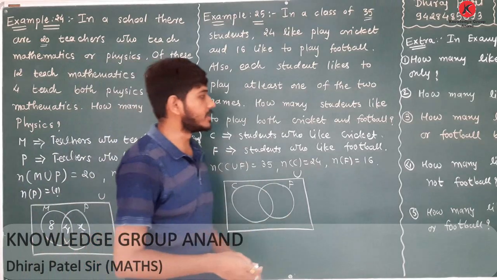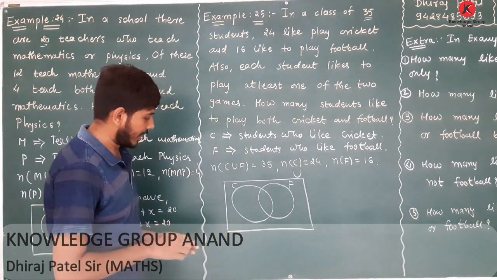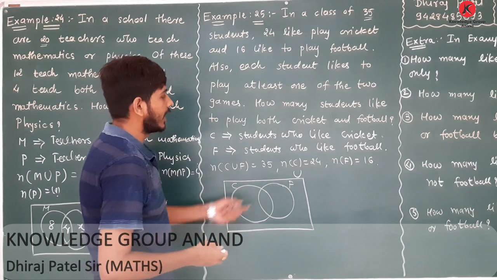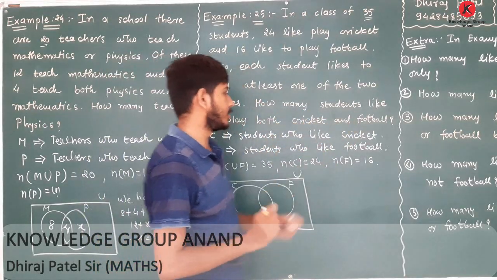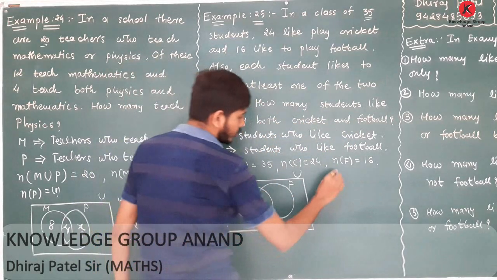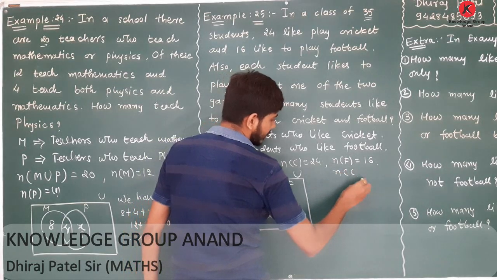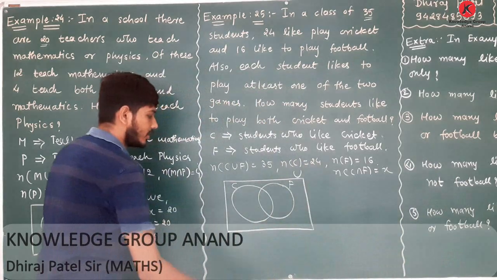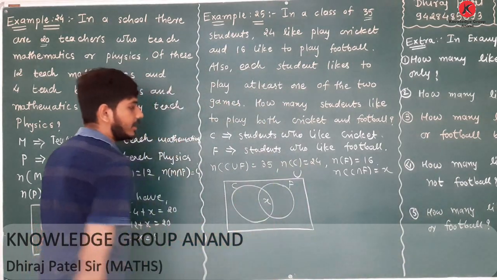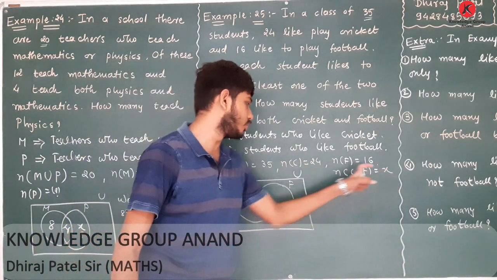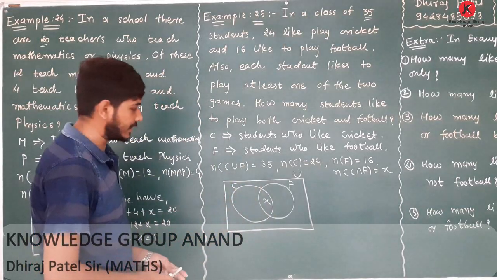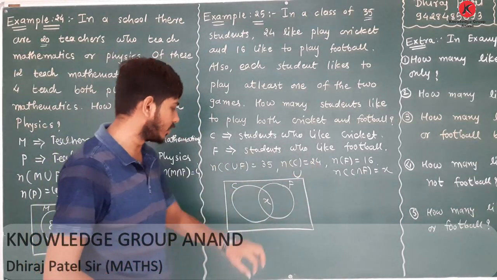Now, represent the elements in the intersection portion first. We don't have the intersection portion's elements. Therefore, I am assuming the number of elements in C intersection F equals X. Now you know that total number of elements in C equals 24.